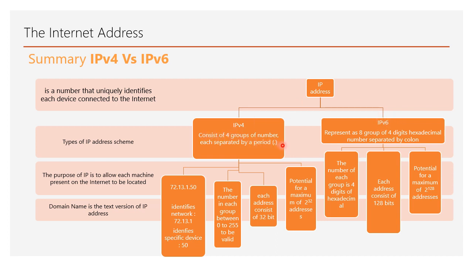IPv4 consists of 4 groups of numbers, each separated by a period, whereas IPv6 is represented as 8 groups of 4-digit hexadecimal separated by colons. Both IPv4 and IPv6 are used to allow each machine present on the internet to be located.